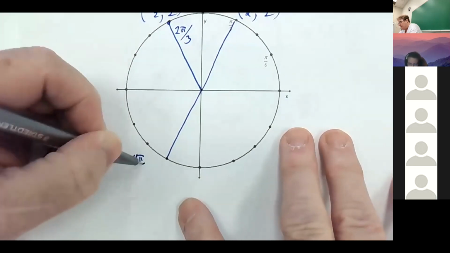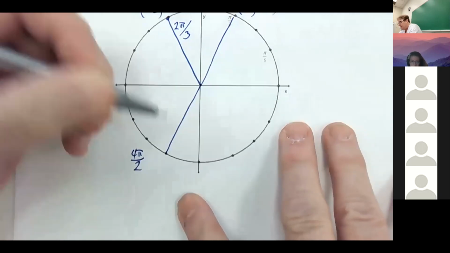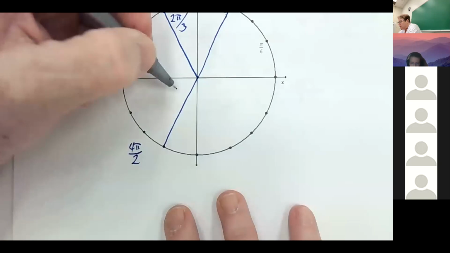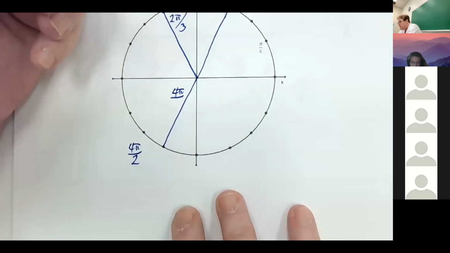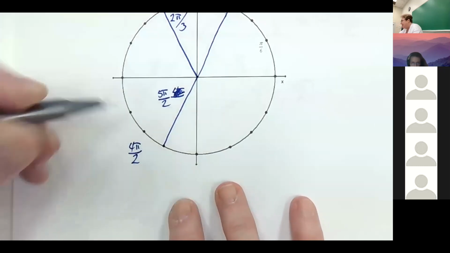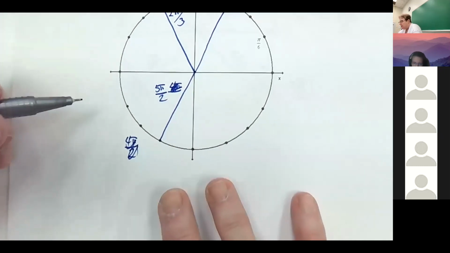4 pi over 2, I don't know why I paused. 4 pi, 5 pi over 2, thank you, is going to be over 3.